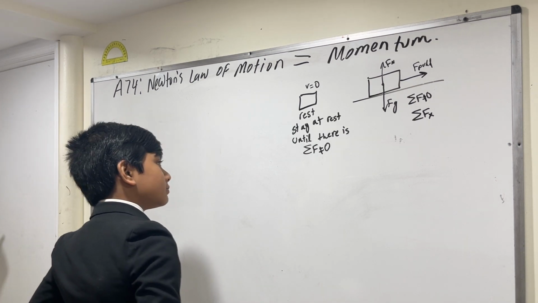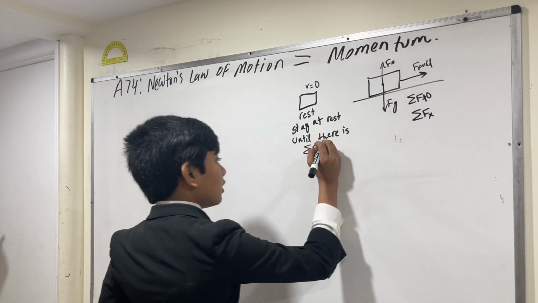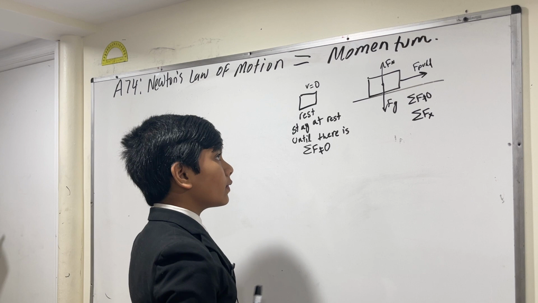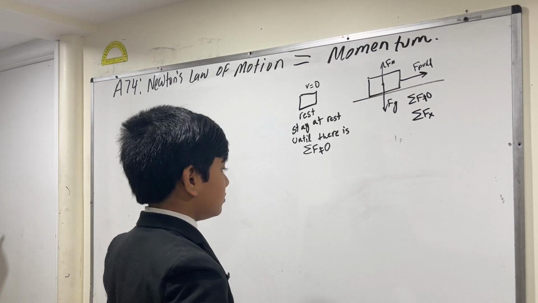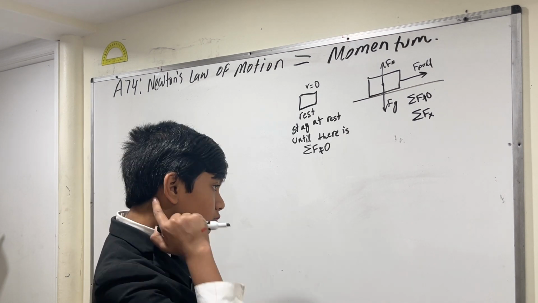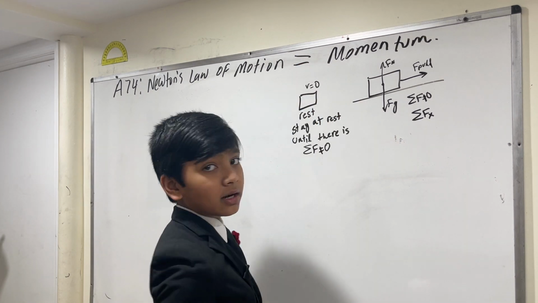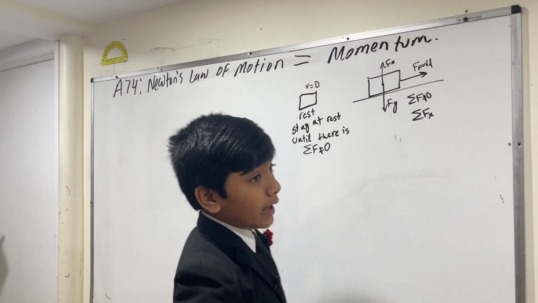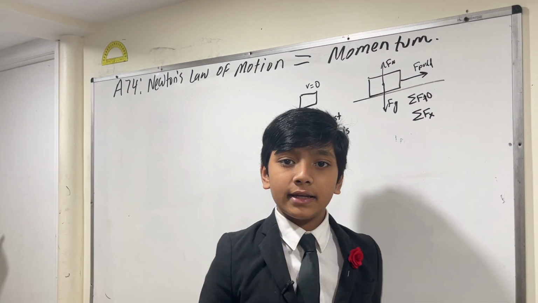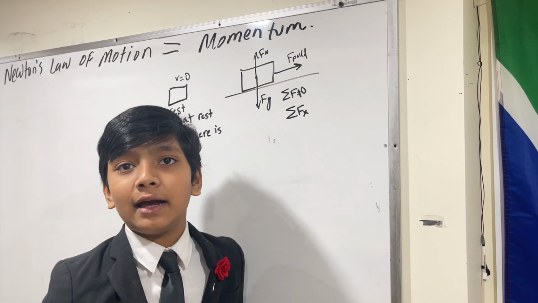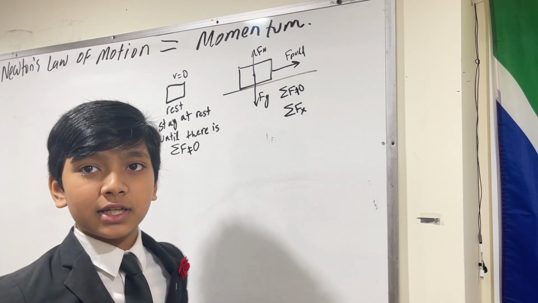Now let's explore how this relates to momentum. The thing is, this is inertia. But now let's talk about inertia in motion, in other words, momentum, or what in Newton's old times they used to refer to as motion.